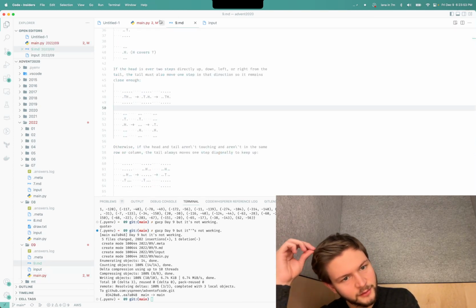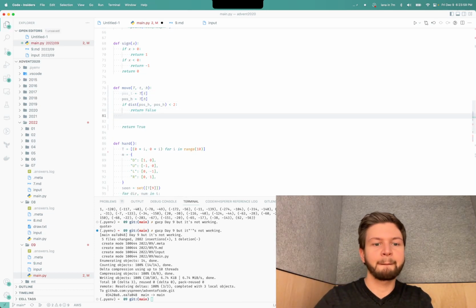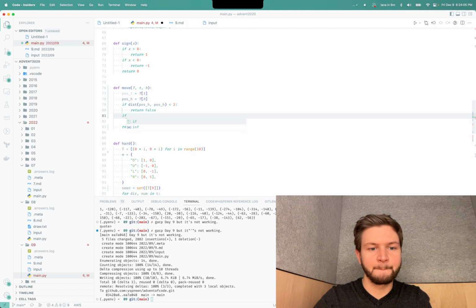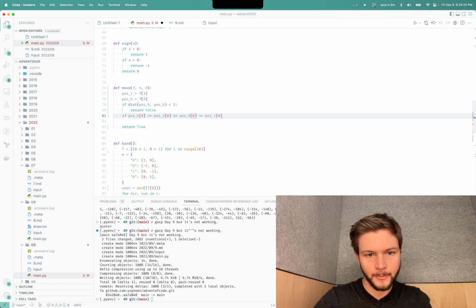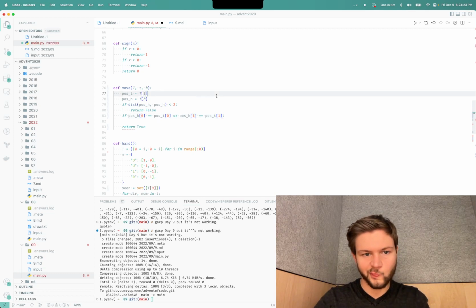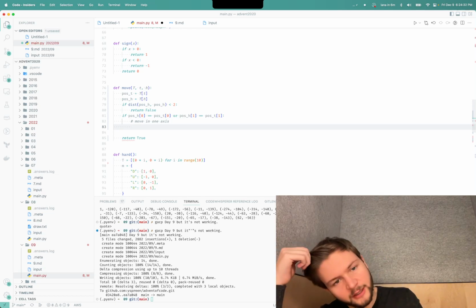If pos h0 equal to pos t0, or move in one axis, which would mean that we would add to the tail.